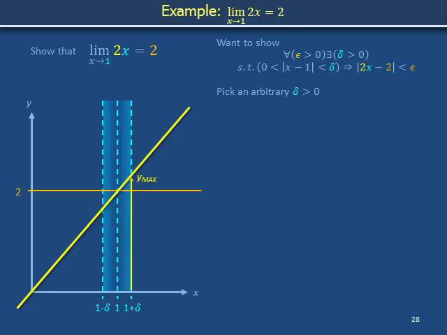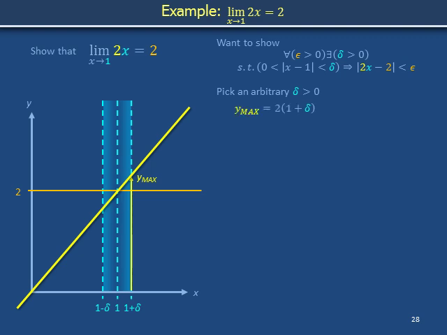No value of f of x in the blue shaded region is bigger than y max. In fact, since the position x equals 1 plus delta corresponds to a dashed vertical line and is thus excluded from the blue shaded region, no value of f of x in the blue shaded region can even match y max in height.